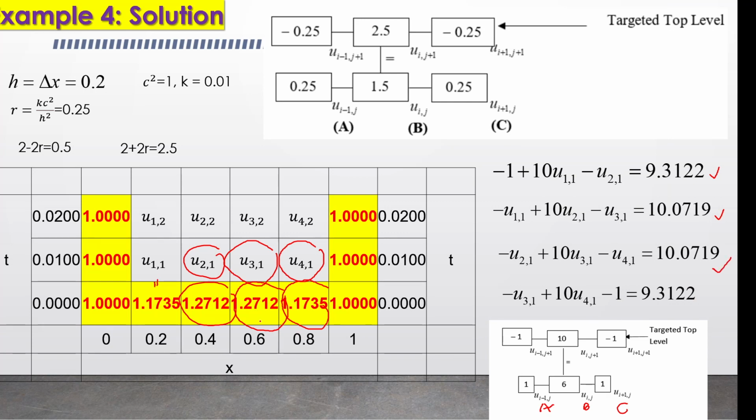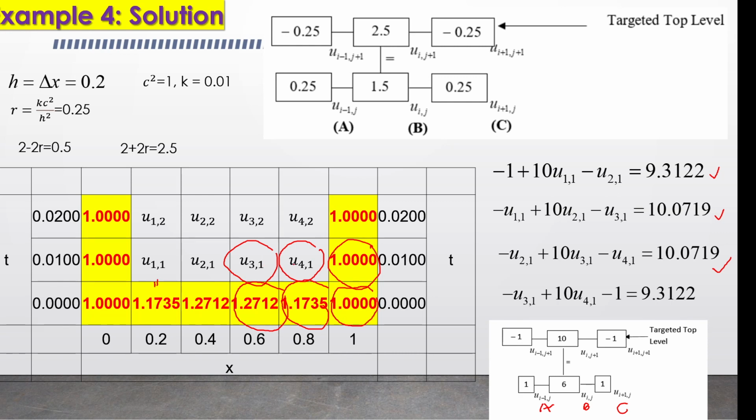For the fourth equation, you move the molecule one column to the right. So now we are here.